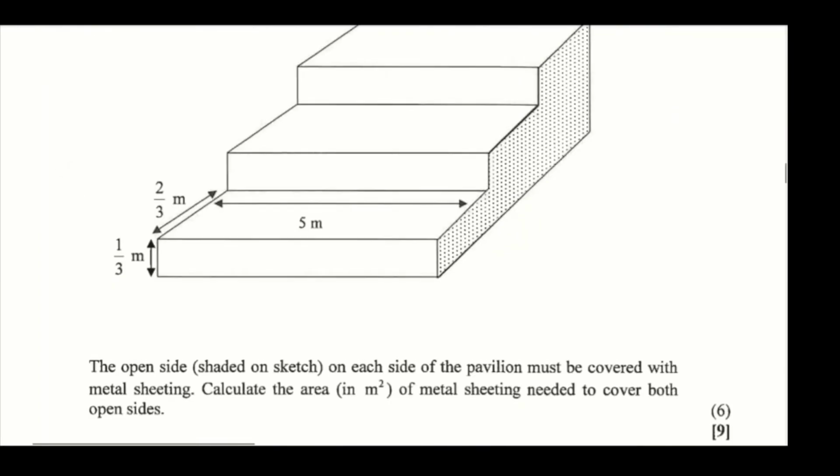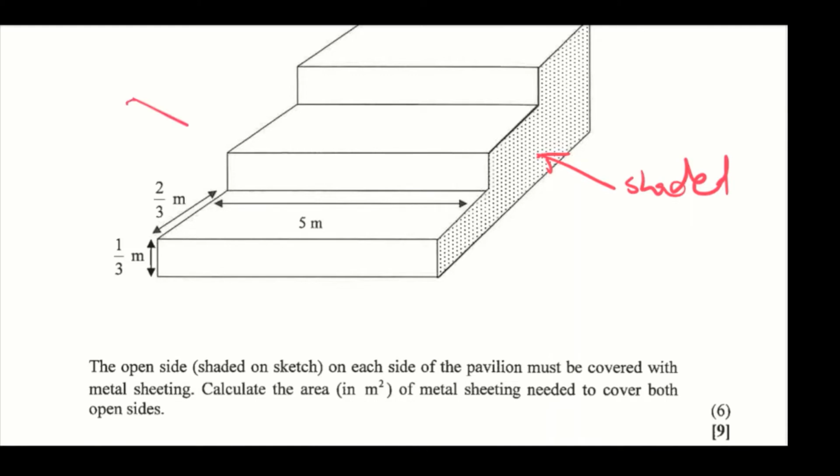So if you can see the diagram there. And then the statement says that the open side, shaded on the sketch, so this is the open side that is shaded, on each side of the pavilion, so on each side.